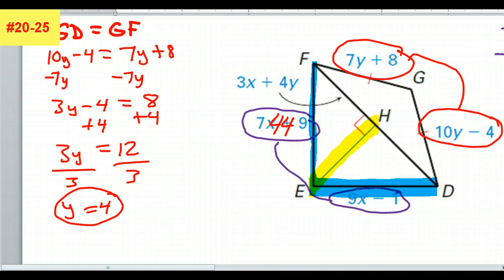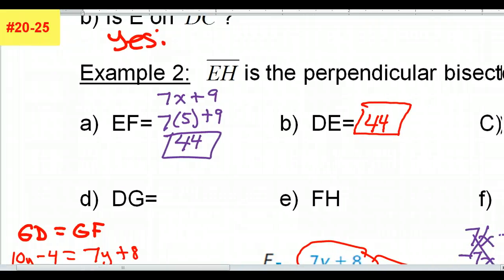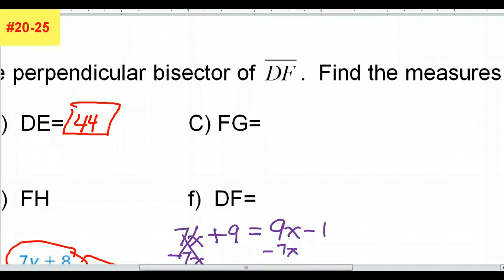So I don't need to plug in 5 again. I could. Nothing wrong with it. But it's quicker just to realize, oh, this is 44, this will be 44. So ED should also be 44. So it's quicker if you do that. So DE should be 44. So look, there's one you don't have to show work on. Yay, you guys don't like to show work.